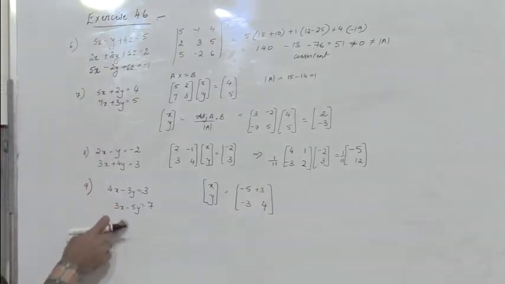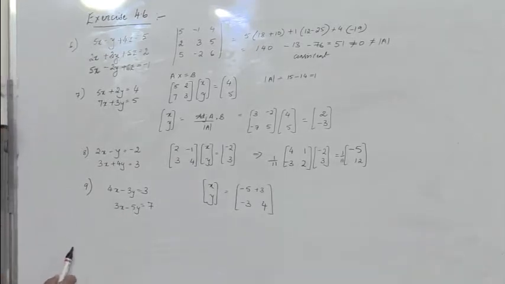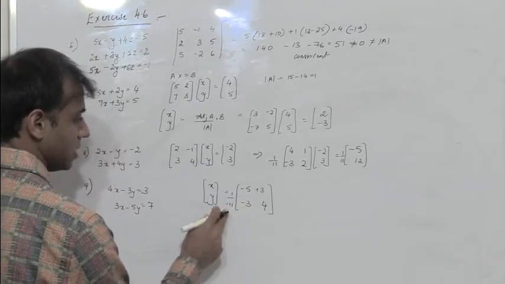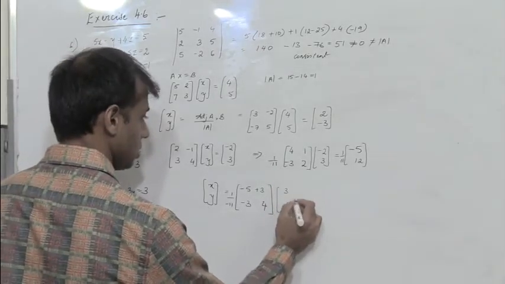And then find the determinant value. So what is the determinant value? It is 4 into minus 5, which is minus 20, minus of minus 3 into 3. So minus 20 plus 9, which gives me minus 11. So 1 by minus 11. So determinant A is minus 11 into 3 and 7.